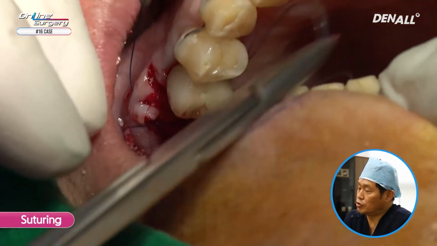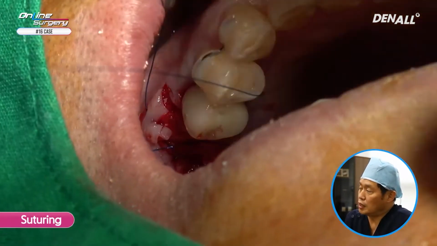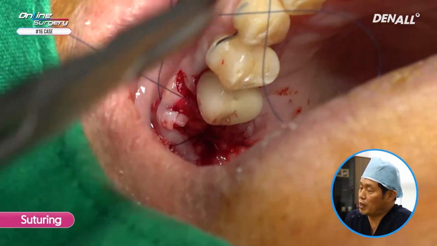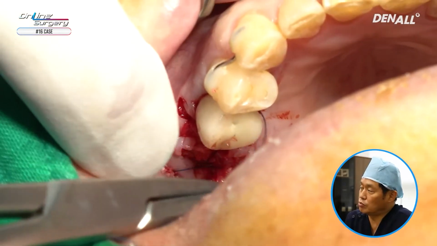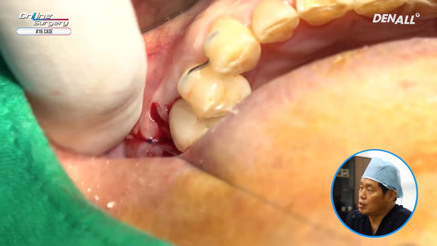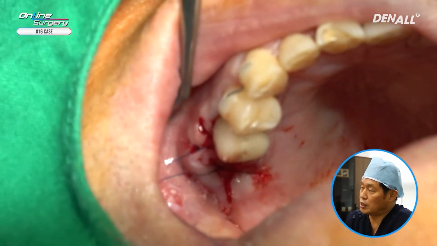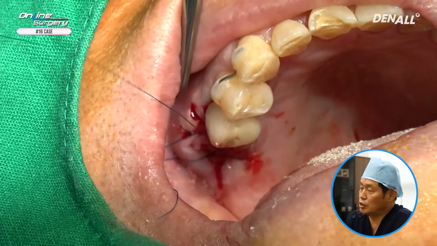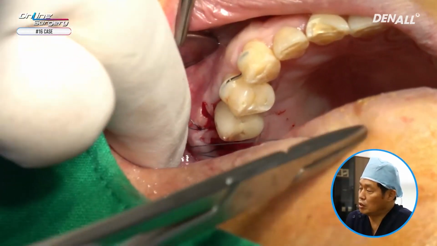For the wound, I'm going to do primary closure using interrupted suture. Bone graft was done palatally. The mucosa on the labial and buccal side is sufficient, so you don't need to do a lot of releasing. The defect wound, granulation tissue has been removed. For suture, I used interrupted suture to get primary closure.